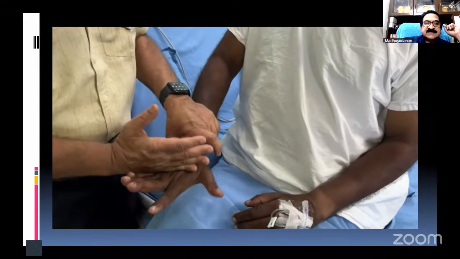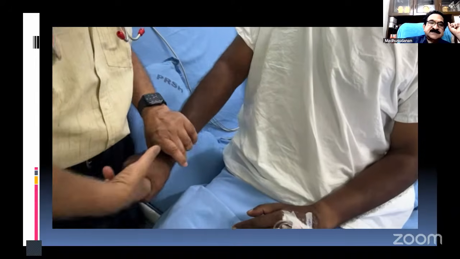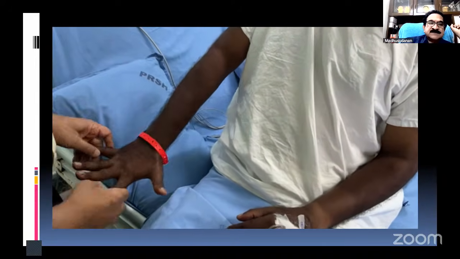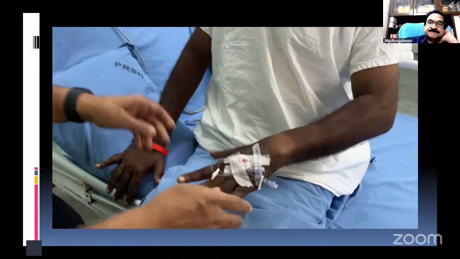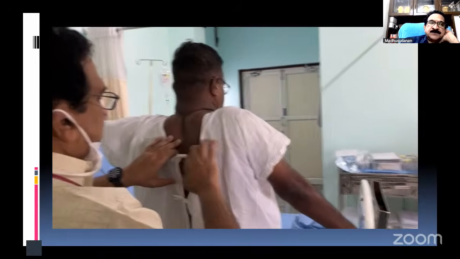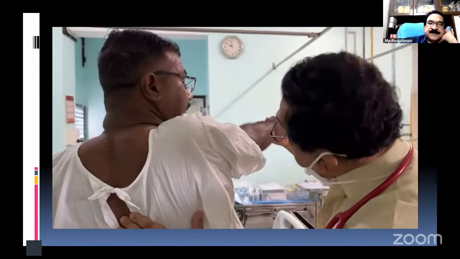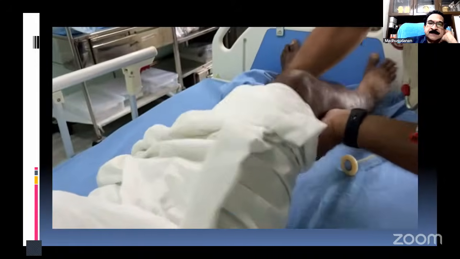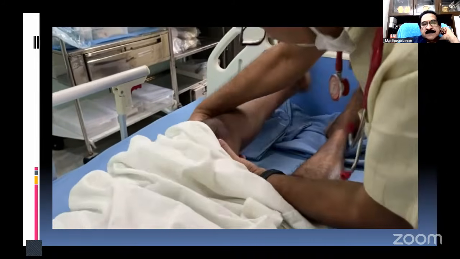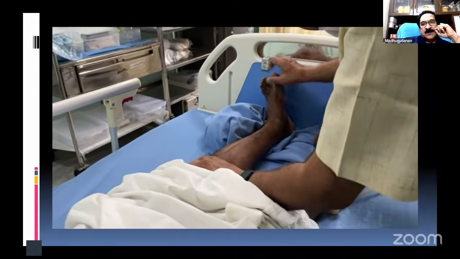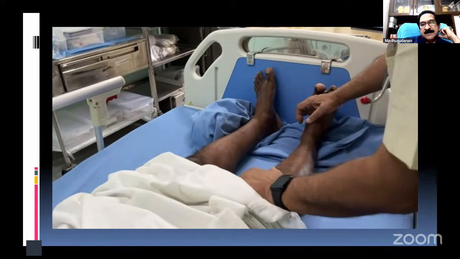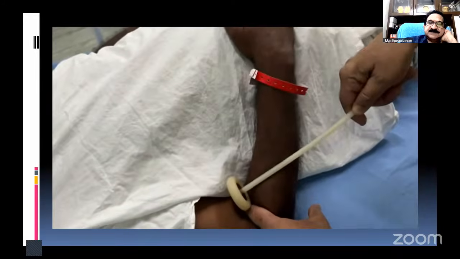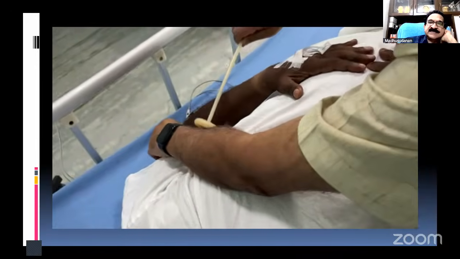The finger extensions, wrist extensions, finger flexors, small muscles of the hand are all normal. There was no obvious winging of the scapula, and the serratus anterior also appeared to be normal. Lower limb, there is mild stiffness, power was normal. Upper limb biceps, supinator, triceps absent on the right side.